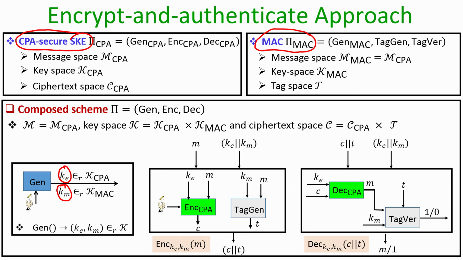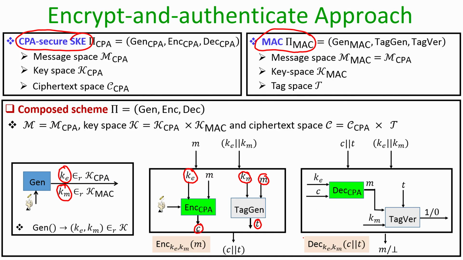Now, to encrypt a message as per this Encrypt-and-authenticate approach, as the name suggests, we first encrypt the message using the ke part of the key and obtain the ciphertext C, and then we are authenticating. So, we are independently authenticating the message M and computing the tag as per the tag generation algorithm, and the key that we use for computing the tag is the km part of the key.